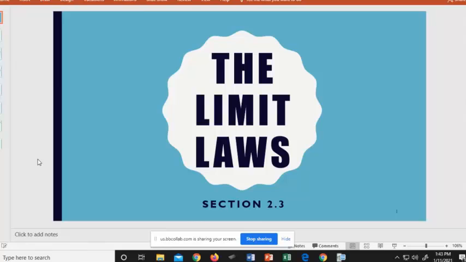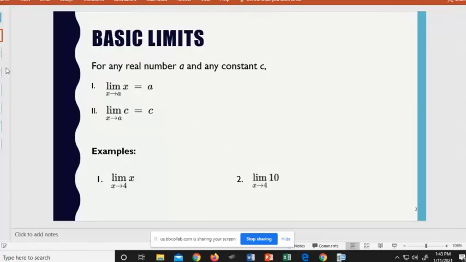Okay, we have some that are pretty straightforward, and then some maybe a little bit more complicated, and so I will try to get to as many as we can. Okay, so for the first, it says for any real number A and any constant C, the limit of x as x approaches A is A, and the limit of C as x approaches A is C.